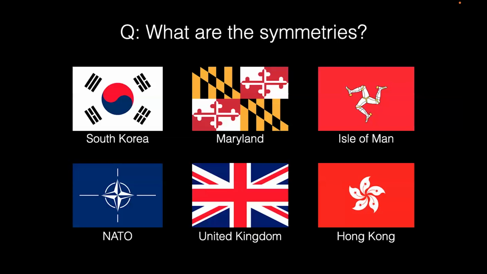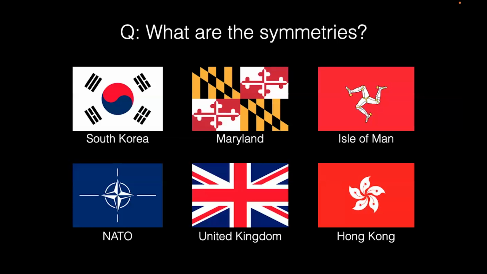And again, there's a center of symmetry for each of these. Maryland would be here, NATO would be there, Hong Kong at the center of the flower, and the Isle of Man in between all three legs.